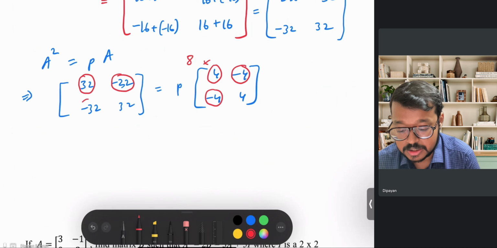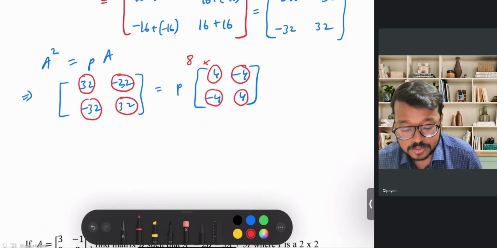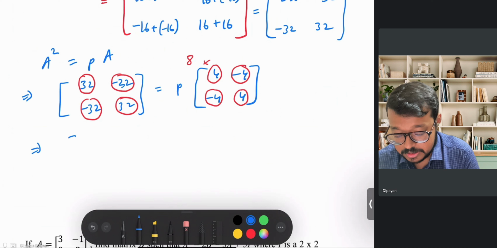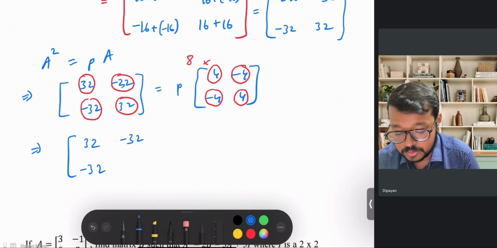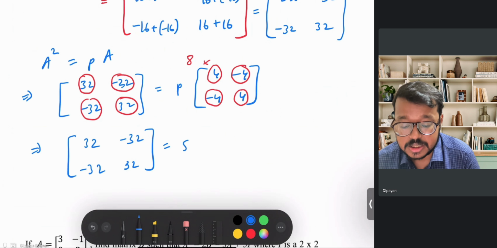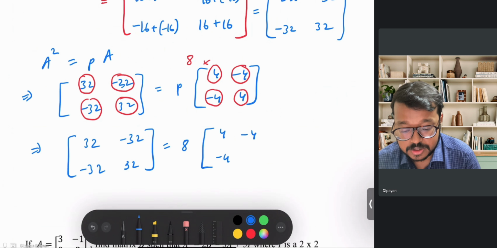Same goes here, and again 4 times 8 is 32. So I can say that this matrix 32 minus 32 minus 32 and 32 is actually a constant 8 multiplied by the matrix A, which is 4 minus 4 minus 4 and 4. So I will conclude that P is equal to 8.